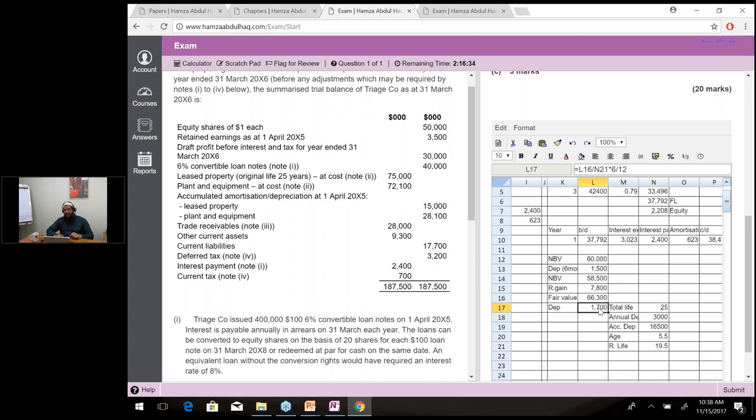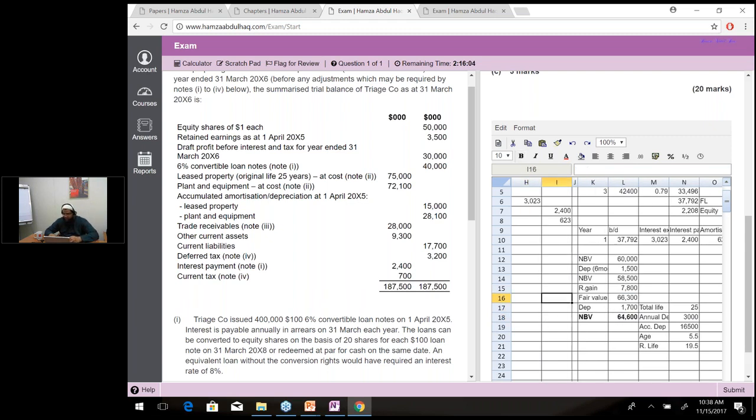And the depreciation would become 66,300 divided by 19.5 times 6 by 12. Nazia and Shiza, are you clear now? Okay, good. So the final net book value at the year end is going to be 66,300 minus 1,700. This is the final net book value that should go in the statement of financial position.